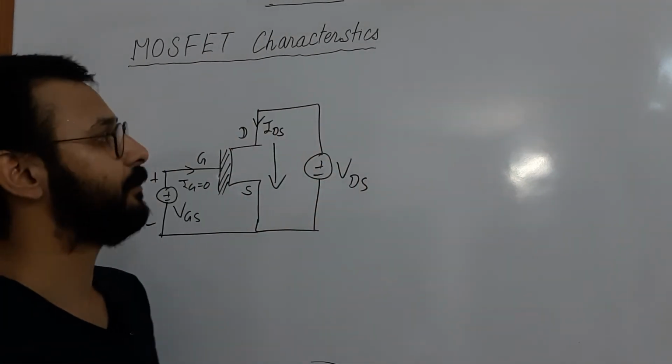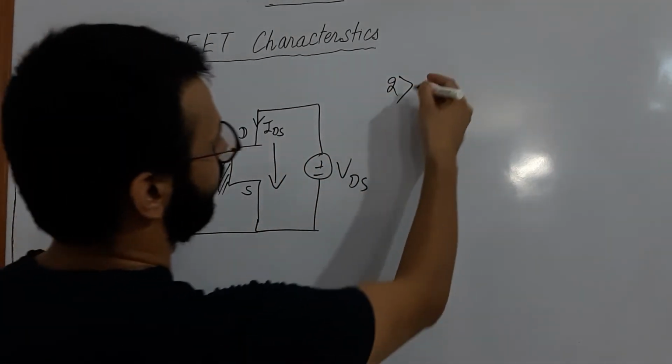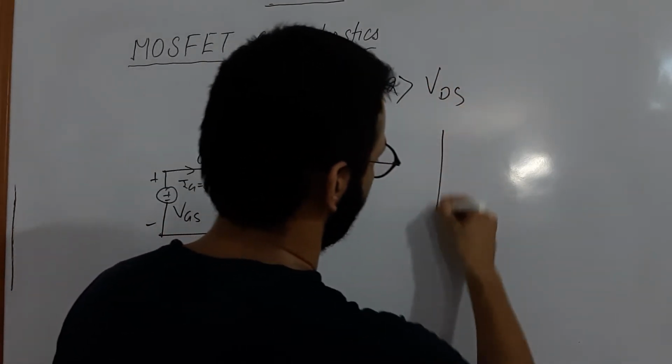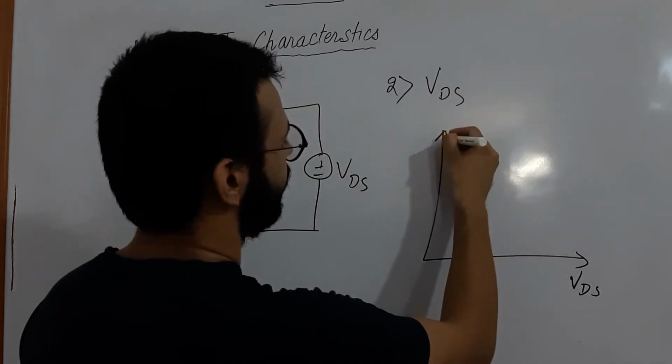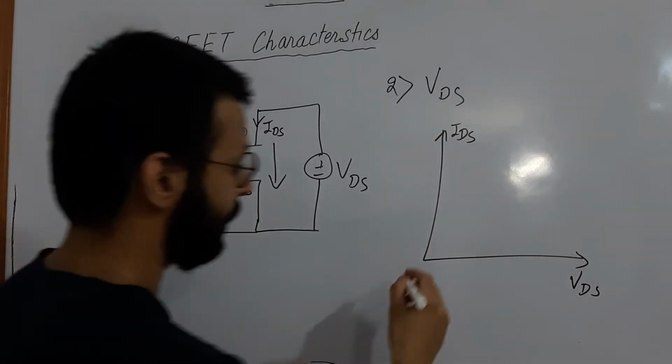Now move to the second point. What was the second point? We swap the VDS voltage. So this is the VDS, this is the ID current, IDS.